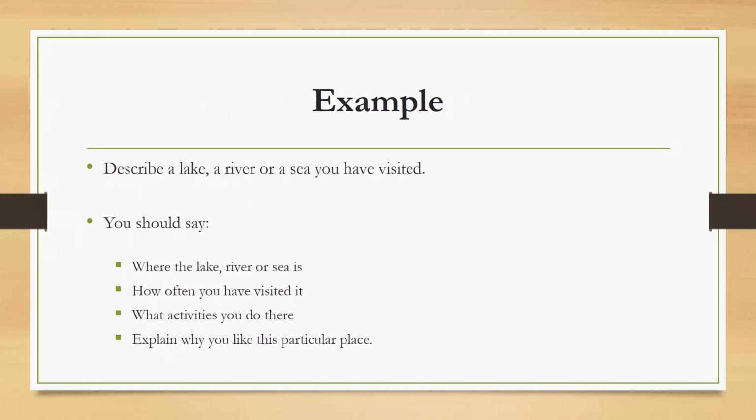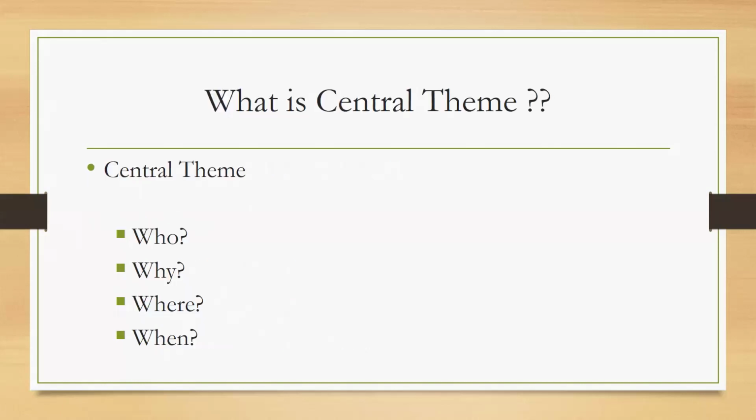To help you develop your point or your mind map, use words like who, why, where, when. So who you went with to this place, why you went there, where is the location, when you went there. I hope it is clear now.